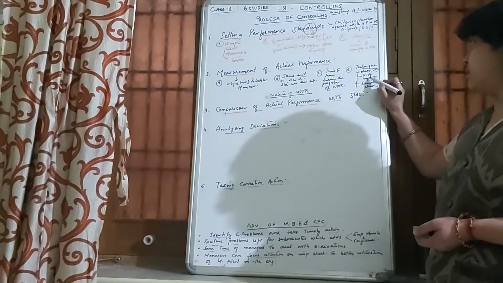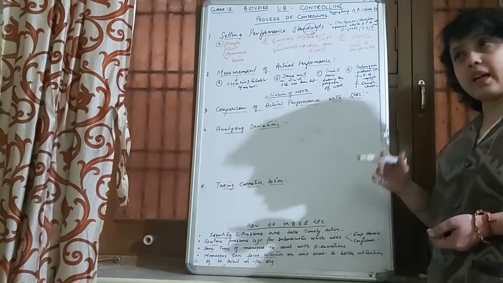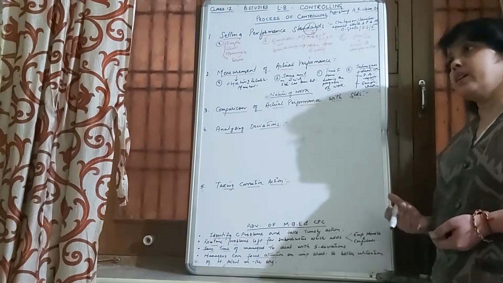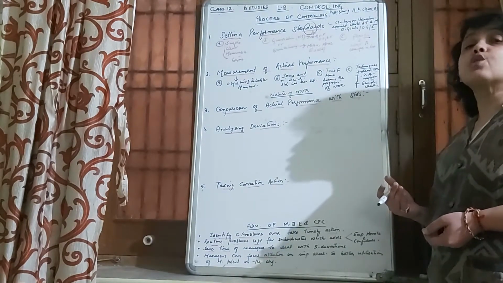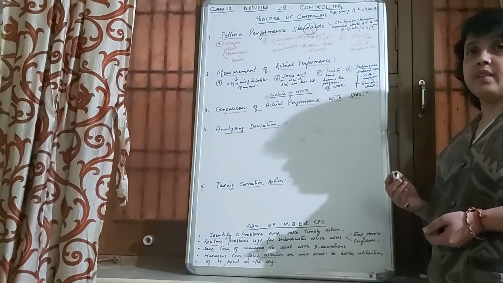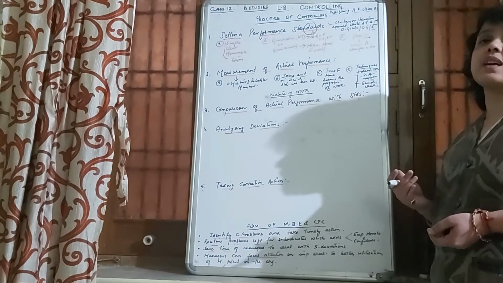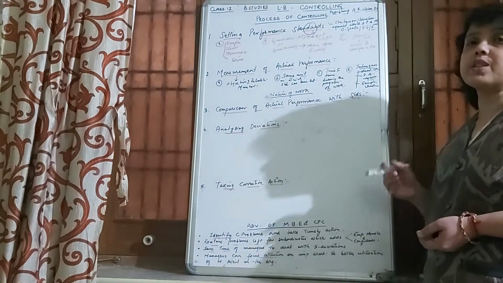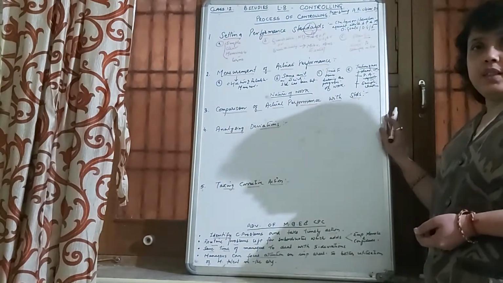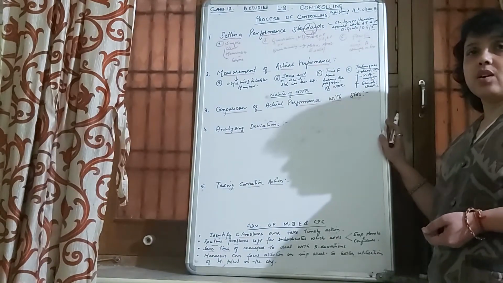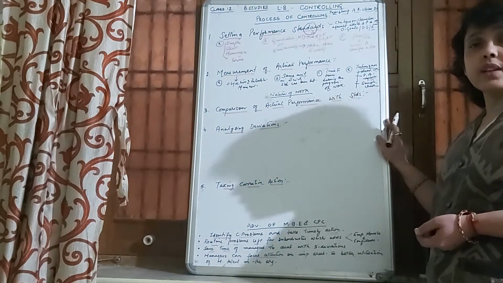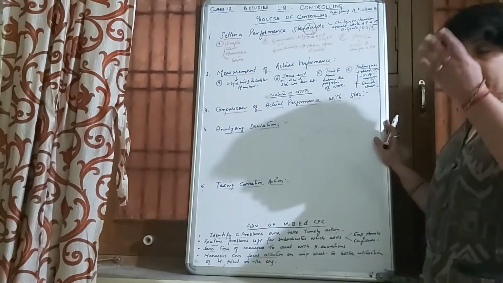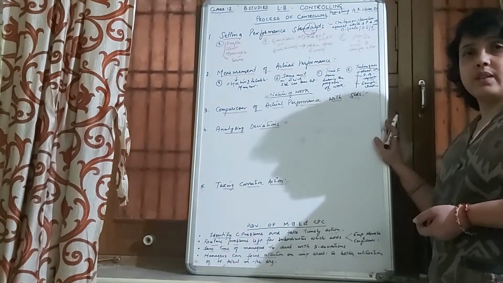For example, if an individual's performance has to be measured, how can it be measured? That can be measured only by the superior of that individual, who prepares a performance report about his performance.